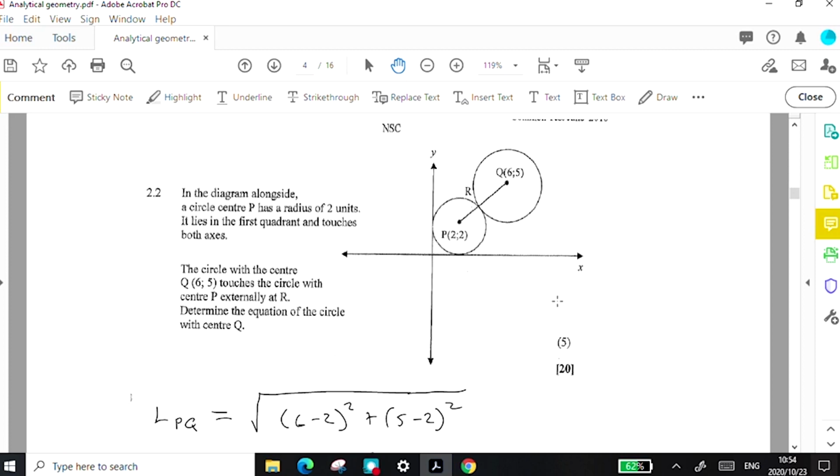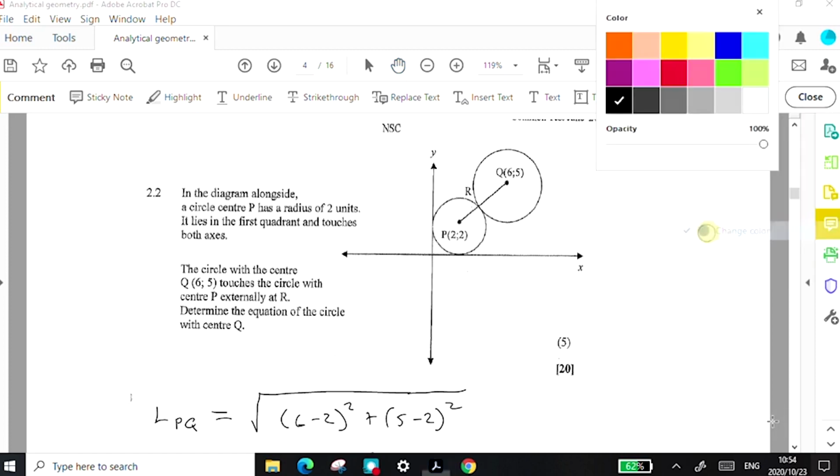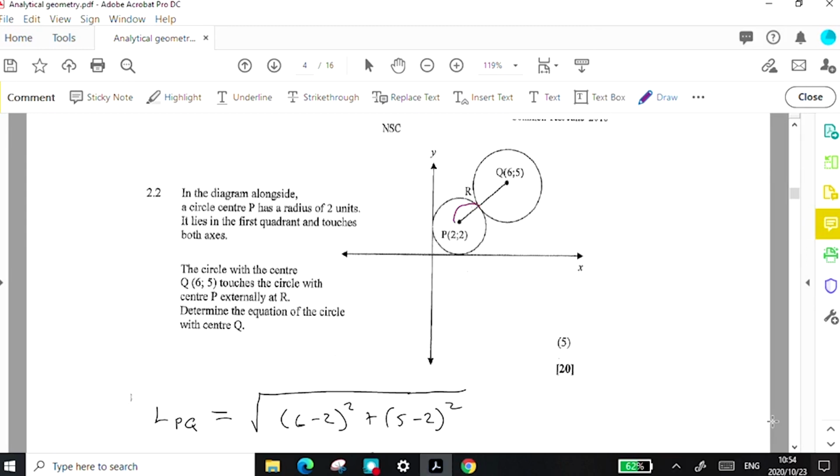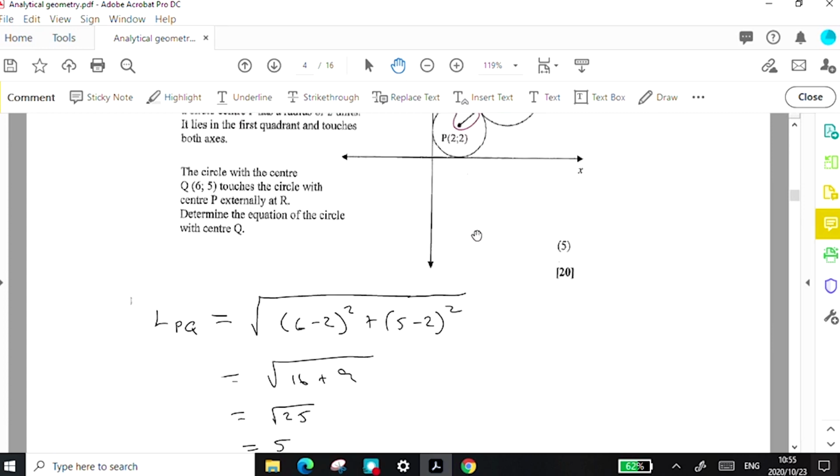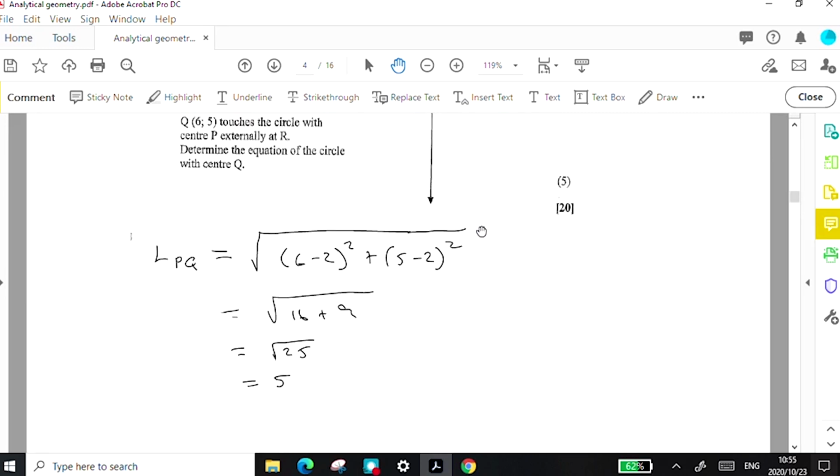So what I want to do is remove from PQ this line. This line is 2 units. So we want to remove this 2 units.